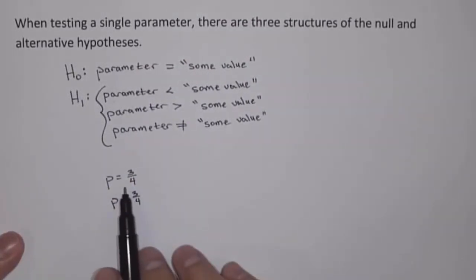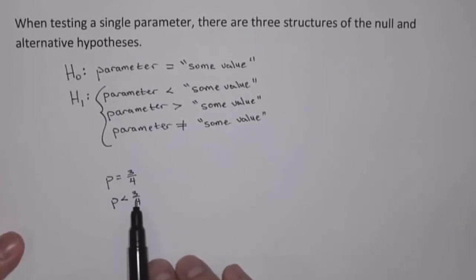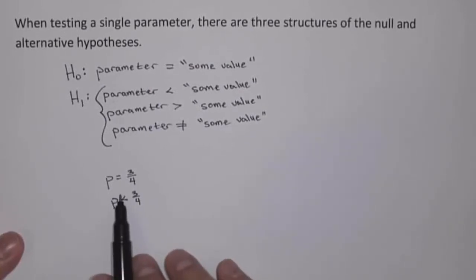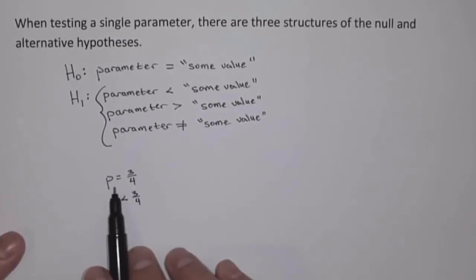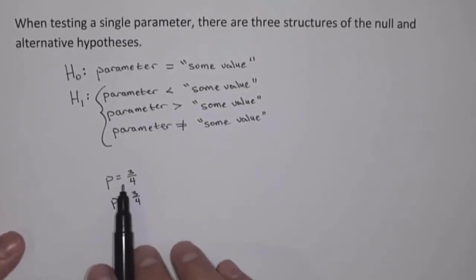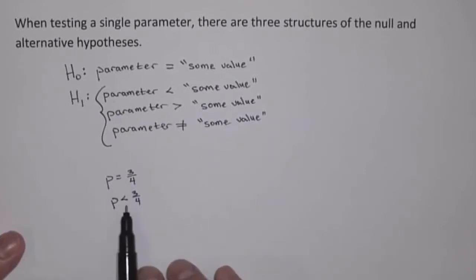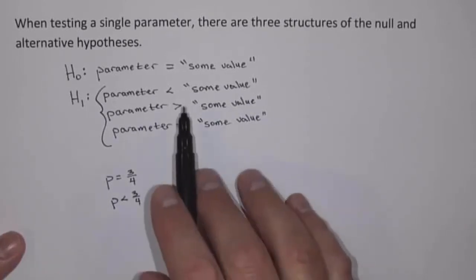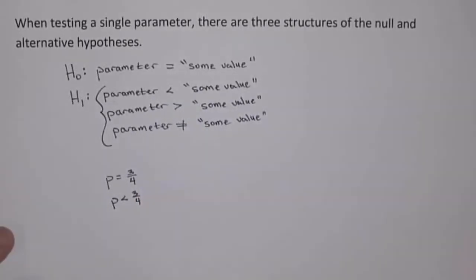Or if the researcher believes that it's more than 3 out of 4 that recommend this toothbrush, then it would be greater than. And if the researcher doesn't really know if it's greater than or less than, they're just checking to see is it 3/4 or not, then the alternative hypothesis here would be not equal to. So it's going to be whichever one the researcher believes to be true.